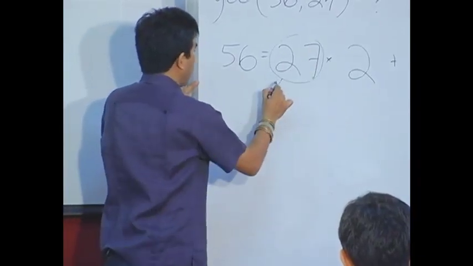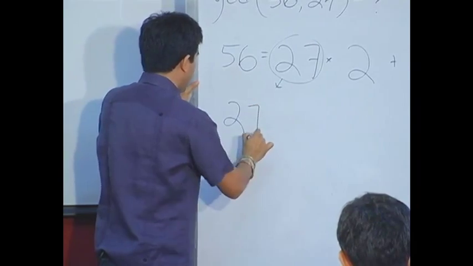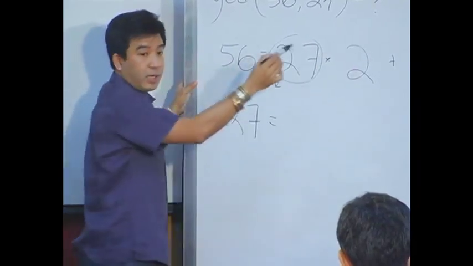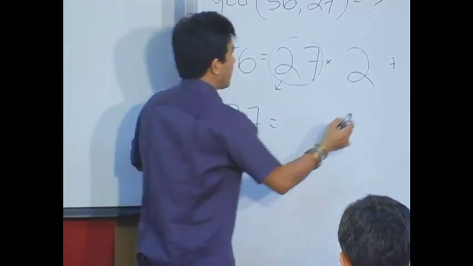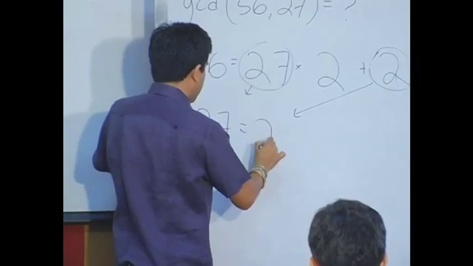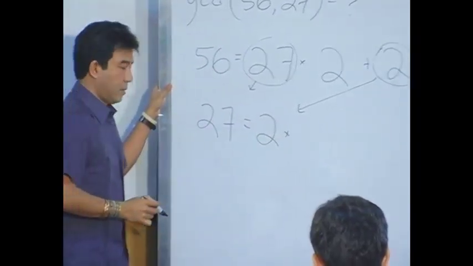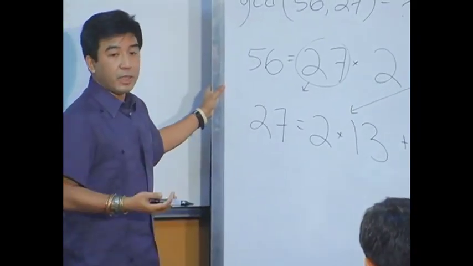I shall bring this down. This is 27. And then the remainder I will bring down as a divisor. So this is 2 times 13 plus 1. Okay? Now I repeat it.